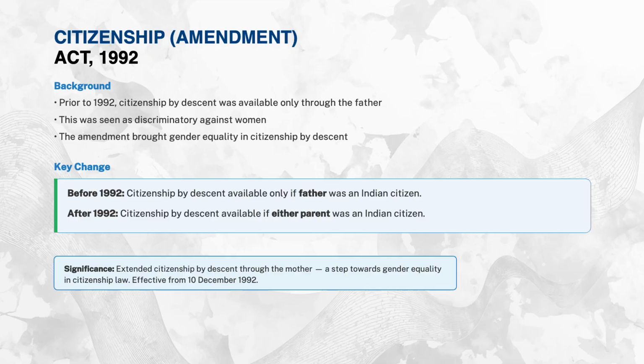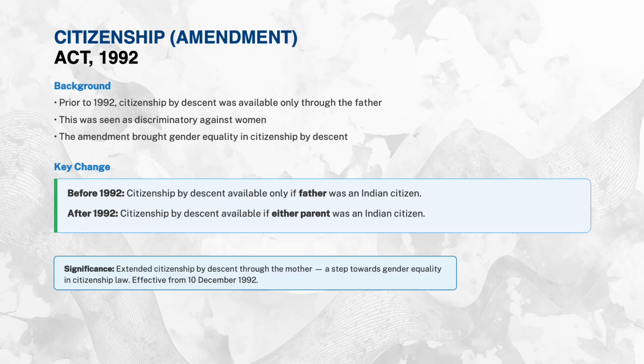So the amendment brought gender equality in citizenship by descent. We discussed in the Citizenship Act 1955 either of the parents, but in 1992 it actually began. If you had looked at the Indian Constitution before 1992, it would have only mentioned father.